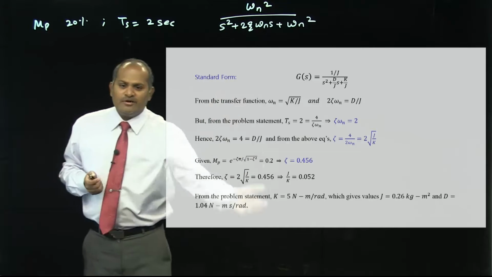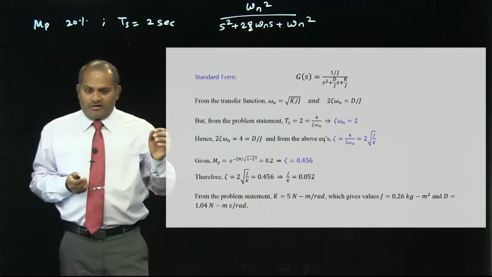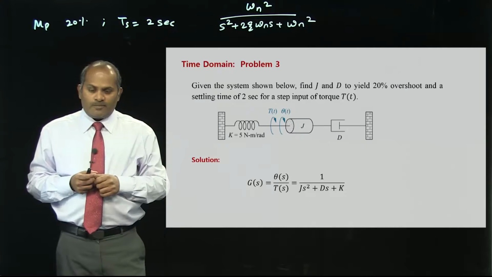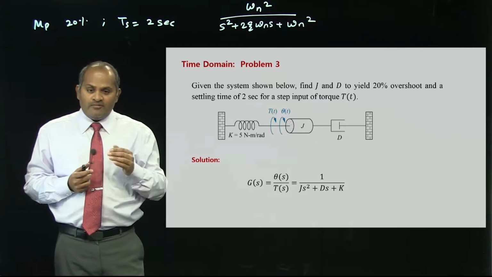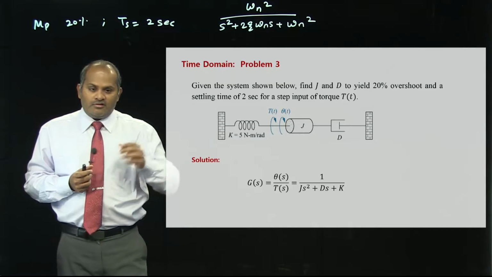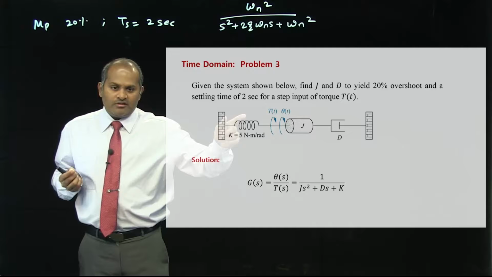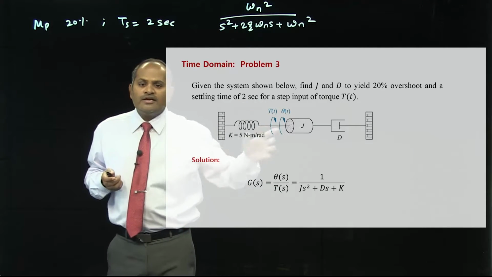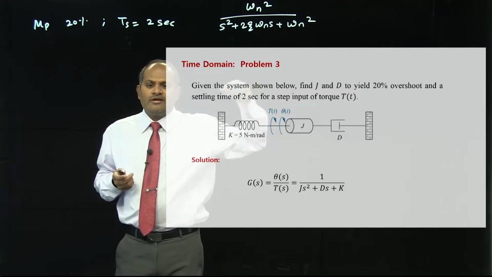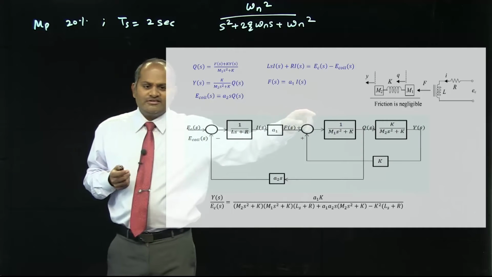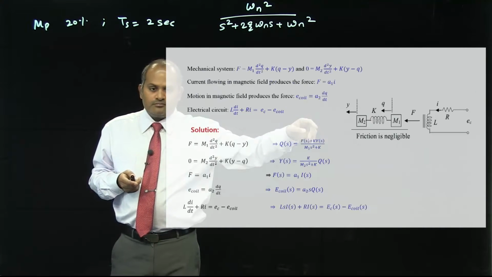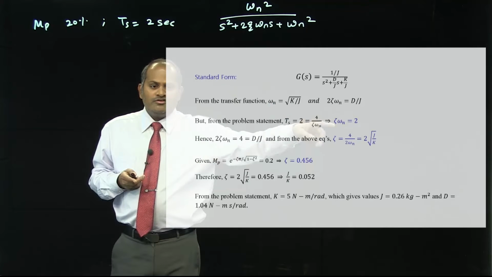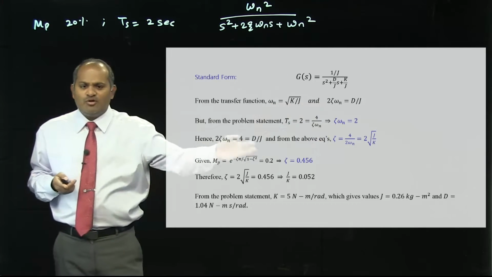So, this is just mathematical analysis, but going back to this problem, what a student needs to think when starting the problem is, first, to understand the modeling, understand the input output dynamics, and then try to relate it with the standard second order system and get the equations. Once you get these equations, it's just about mathematics.